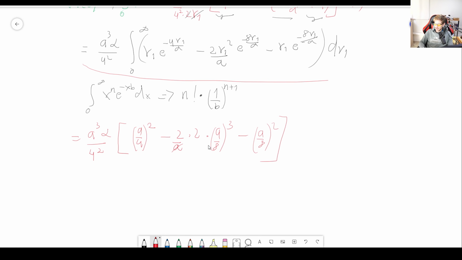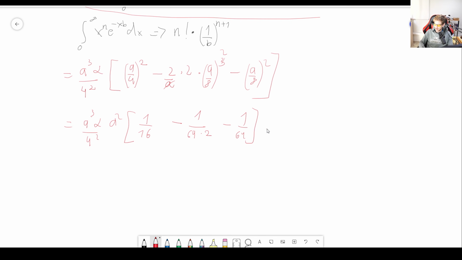Okay, so this a cancels out partially with the exponent, and we can factor out a few things. So let's factor out a squared, and then we are left with 1 over 16 minus, and then here we have 1 over, this is 8 times 8, which is 64, times 2, because one of the 8s canceled out with this 4. And then we get minus 1 over 64. So in order to get the common denominator, a to the 5th alpha over 4 squared, what do we have?